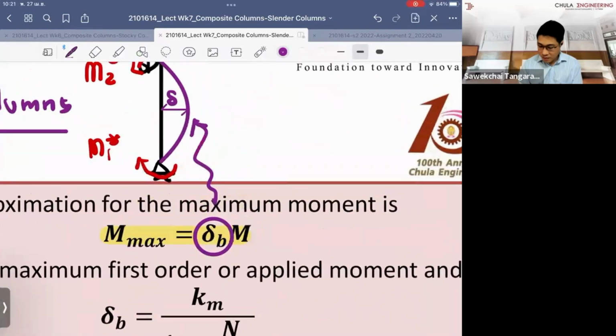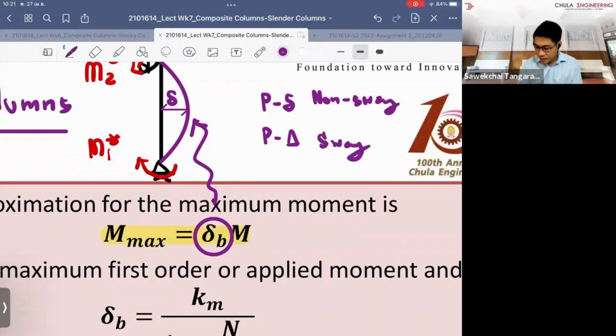Remember, when you learn about the secondary effect, you have the term of P-small-delta and P-big-delta, right? Big delta. And this one is for the non-sway. We call them non-sway. And this one is coming from sway, right?